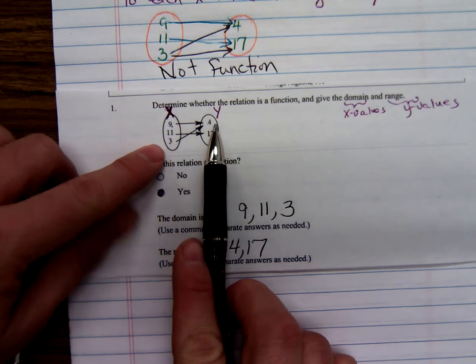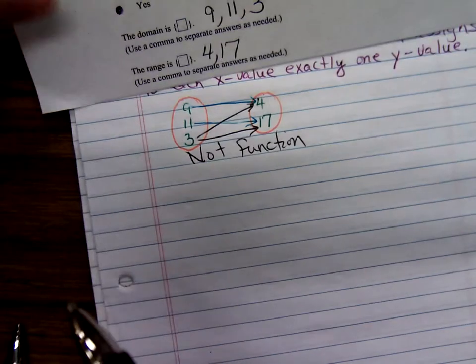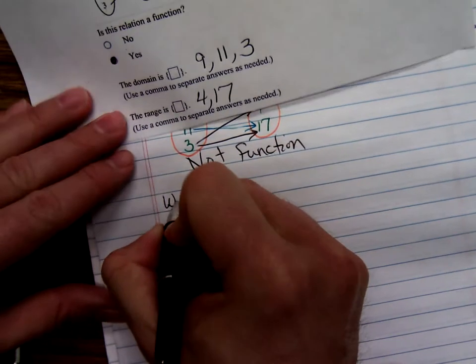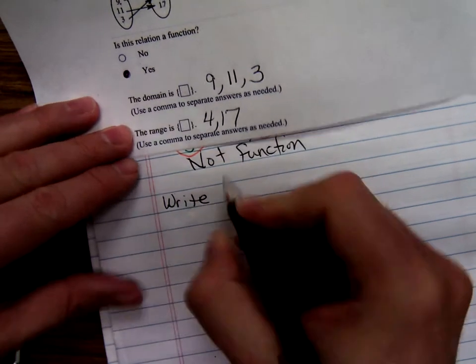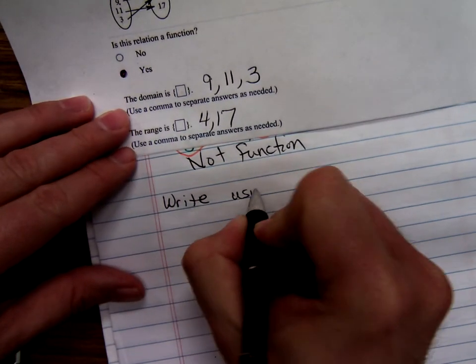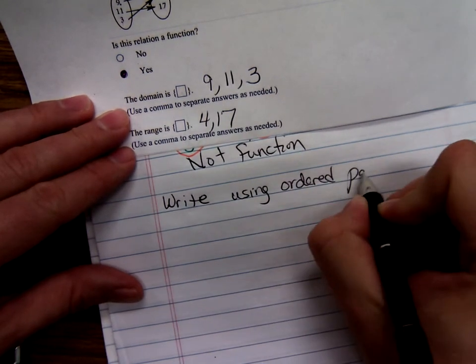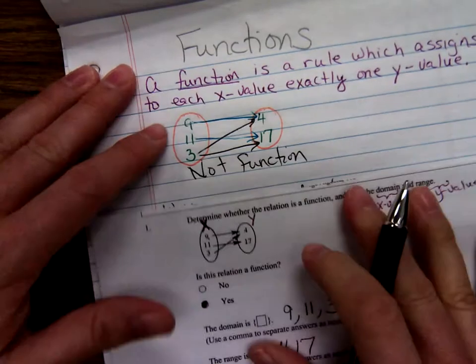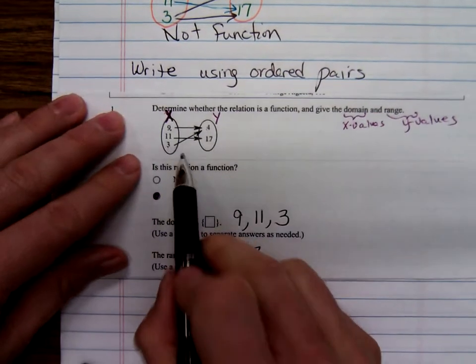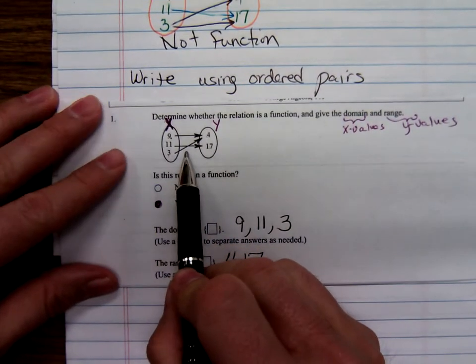Let's take this little rule, and I'm going to write it using ordered pairs. So I'm going to take this function right here and write it using ordered pairs.